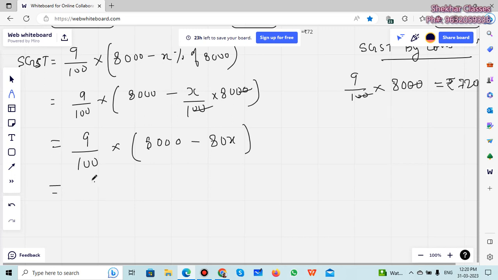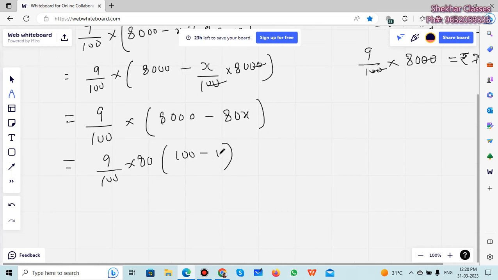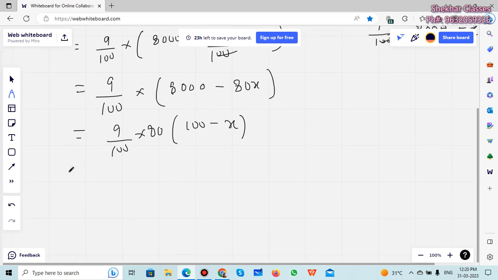Can we take something common from there? Yes. 9 upon 100 into 80 can be taken as common. What is left? 100 minus x. Now I can cancel the zero also.